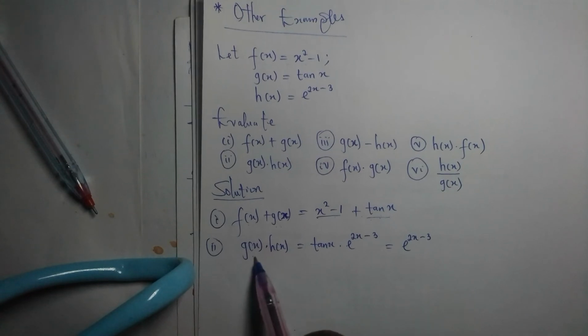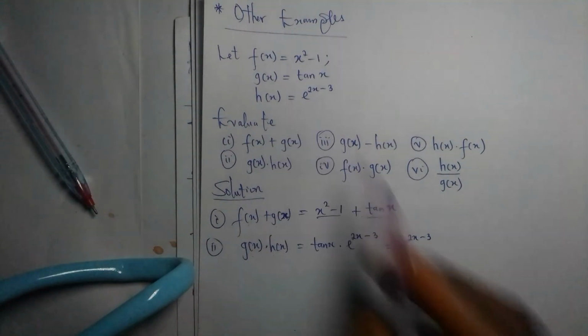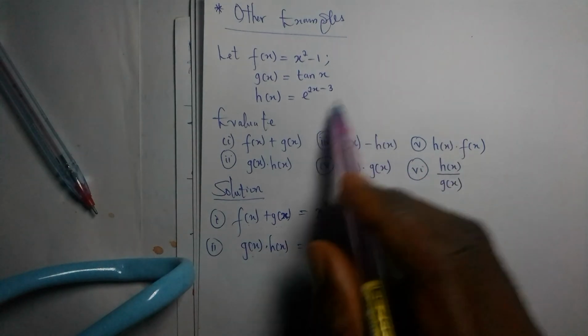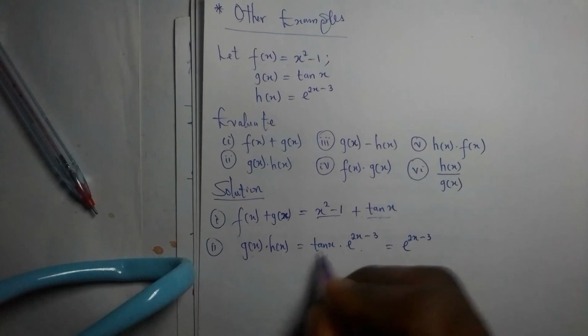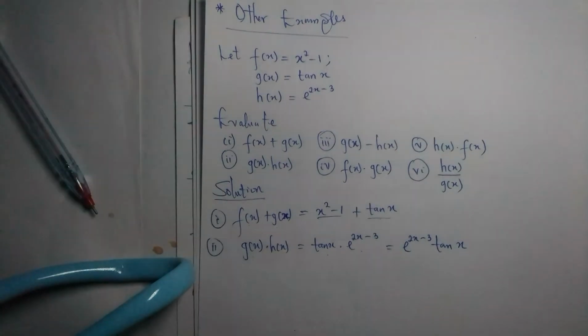Then number 2, we have g of x dot h of x, which is the product of g of x and h of x. So g of x is tan x, so we have here tan x, dot h of x, which is exponential 2x minus 3. It's always advisable that the exponential comes first, and that's why we have here exponential 2x minus 3, then tan x.